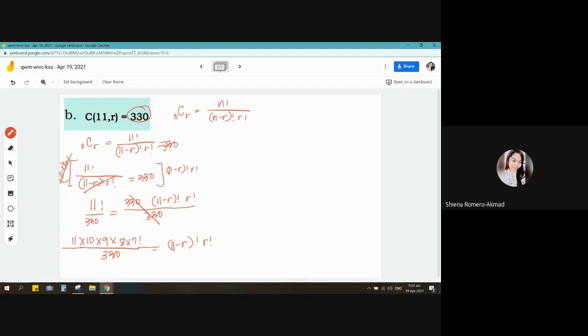Three times. Ano yung mga factors ng 330 na may kapareho dito? Ano yung mga factors ng 330?